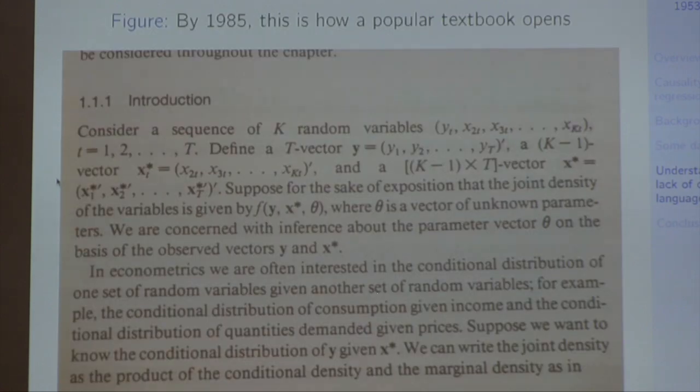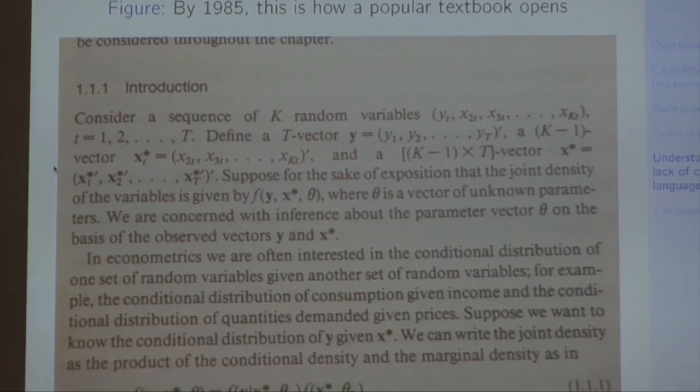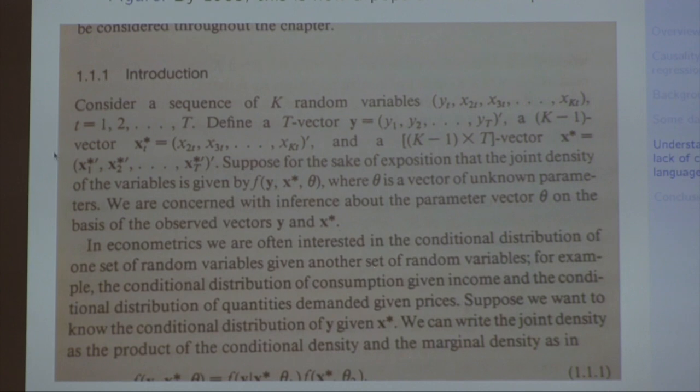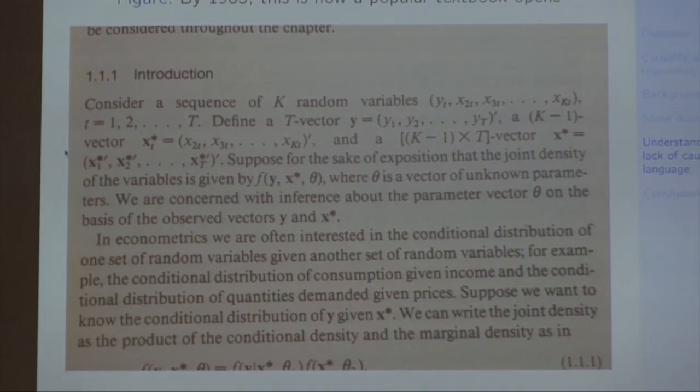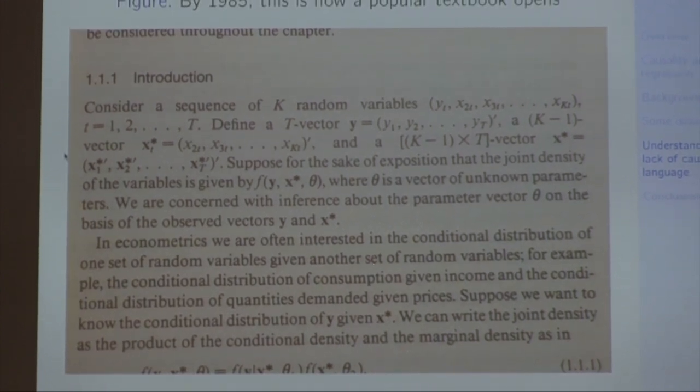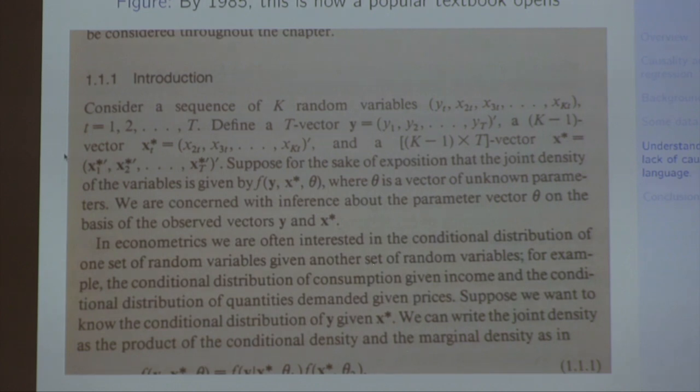This is from Amemiya, 1985. This is how students are being taught econometrics 30 years later. On page 1, we get consider a sequence of k random variables and blather, blather, blather, hieroglyphics. We are concerned with inference about the parameter vector theta on the basis of the observed vectors y and x star.